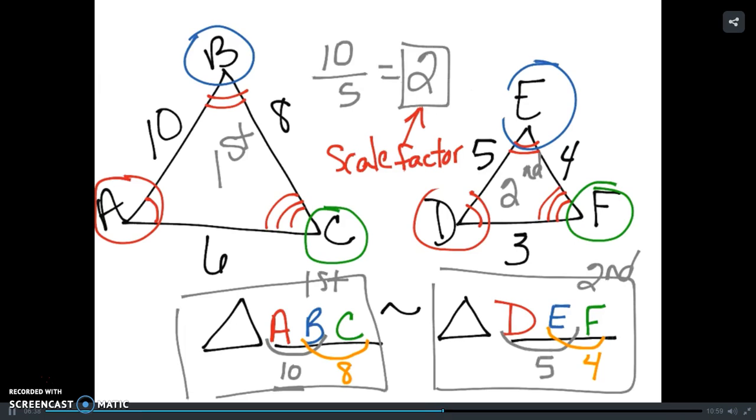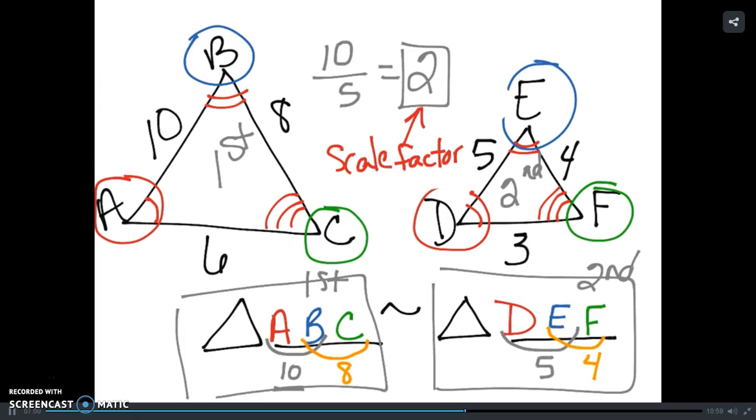If I take triangle DEF, I should be able to multiply each of the side measurements by 2, my scale factor, and that should give me the dimensions of my first triangle, which is 10. It also tells me that triangle ABC is 2 times as large as my second triangle, DEF.